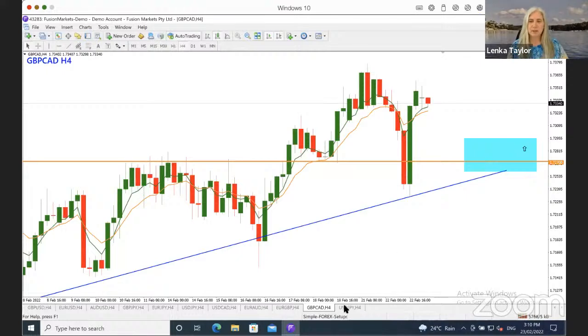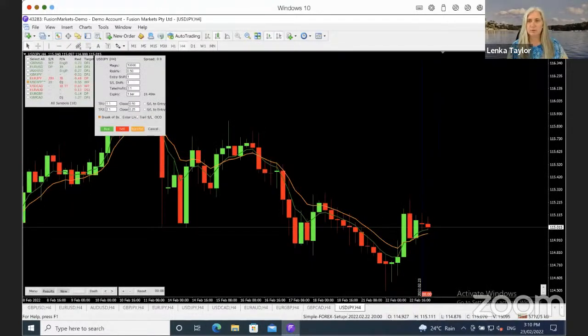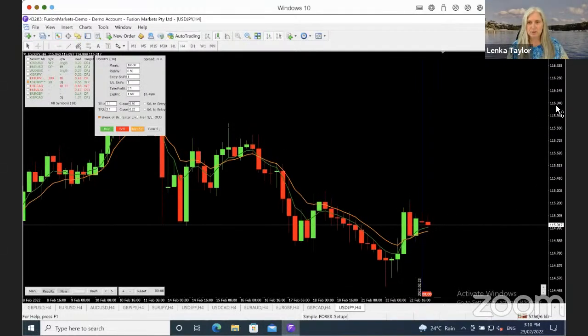Okay, so I've set up my toolkit here, and I'll just go through a quick look at the setup and how I would set it up for a trade. So I want to pick something that's not going to trigger me in. Let's just say this is the USDJPY.